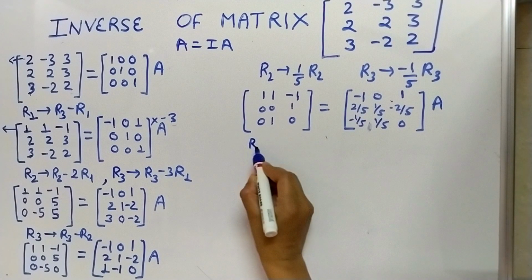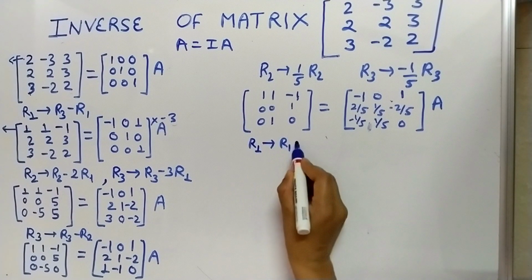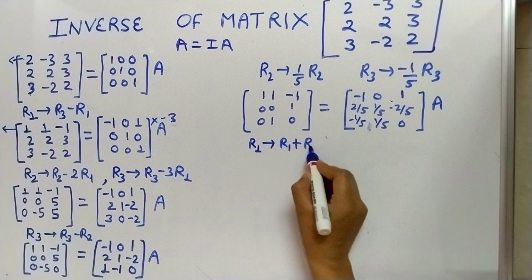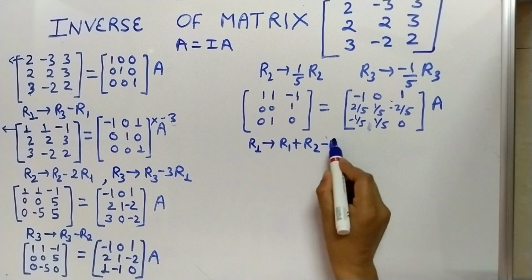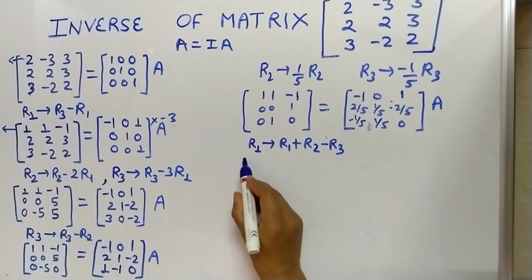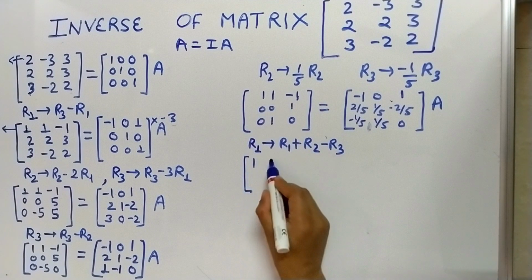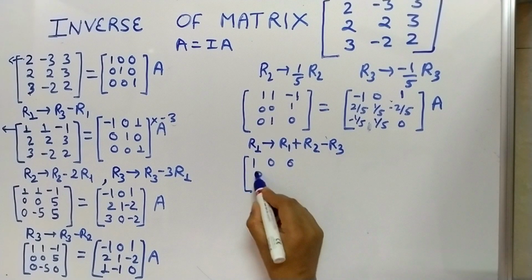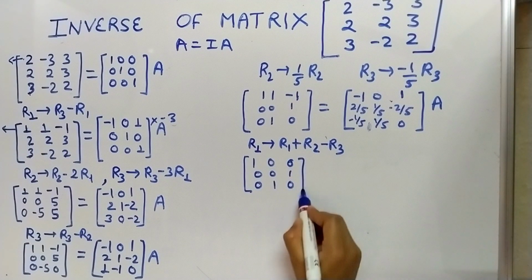So here I'm changing my R1 with R1. See, as I've told, you can add here R2, so it will become 0. And if you subtract the result with the R3, then this will also become 0. So here this will become 1, 0, 0, 0, 0, 1, and here it will be 0, 1, 0.